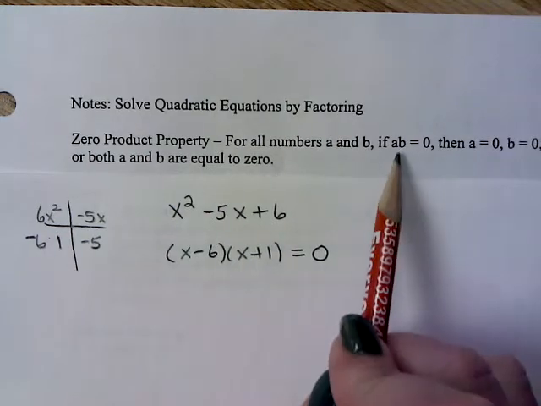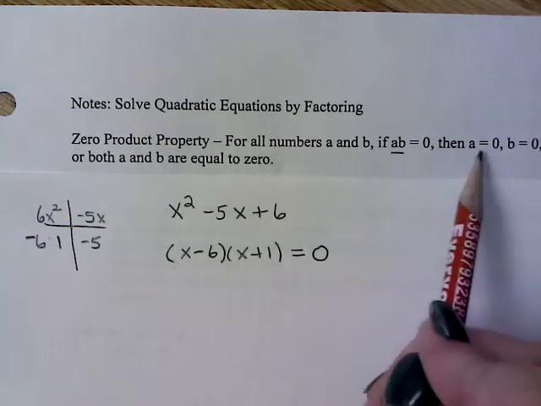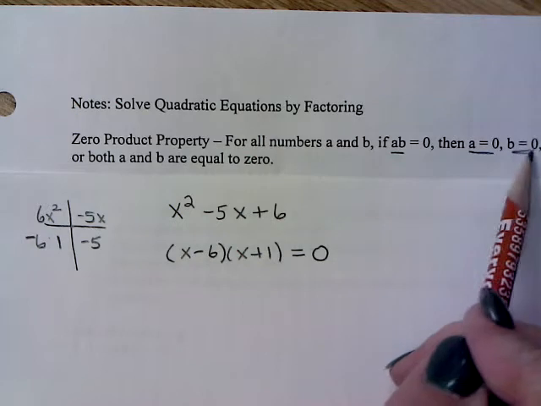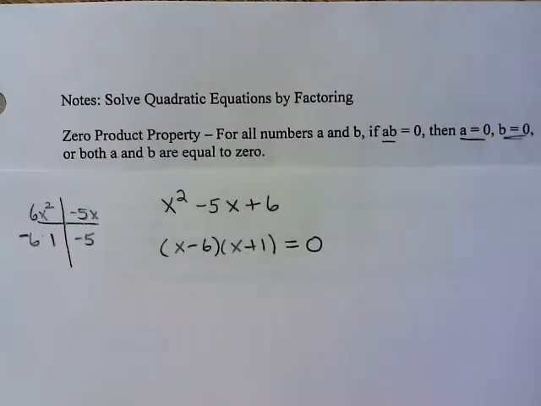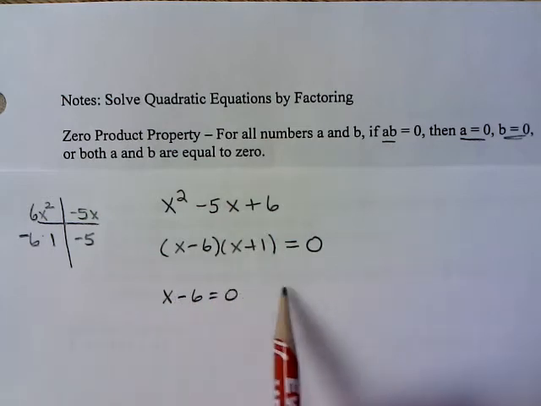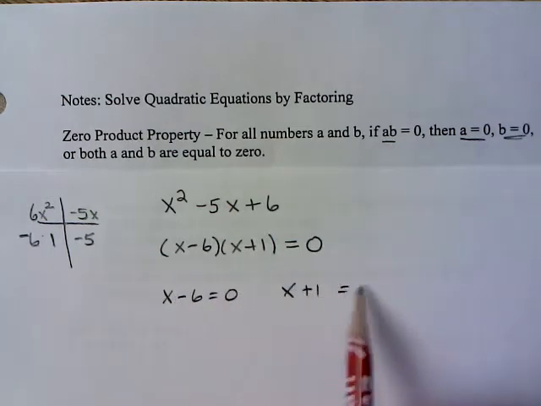That means I can take these two factors and separate them individually to equal 0. Same thing I'm going to apply here. I have the factor x minus 6 times x plus 1. I am going to set each one equal to 0 separately to make two mini equations.